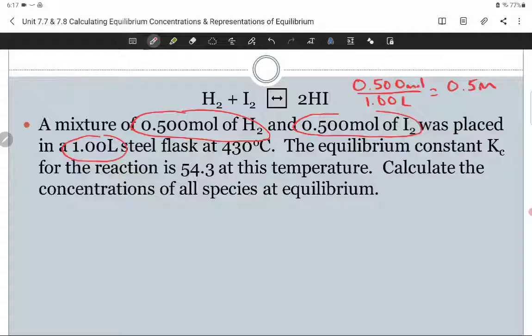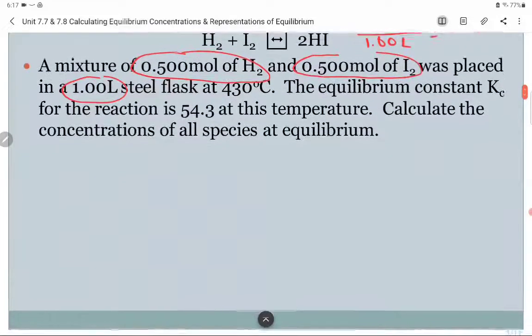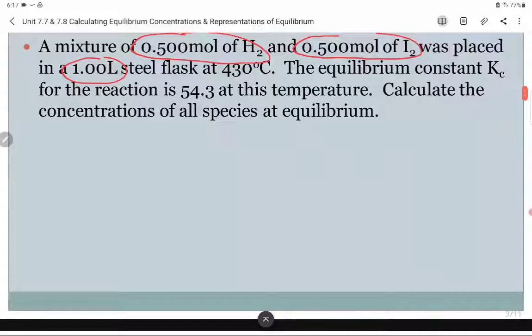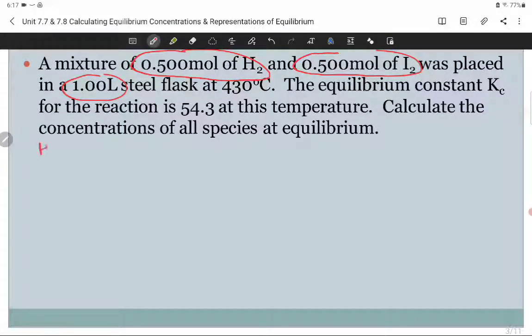Okay. Let's go and rewrite the equation again. Let me move this a little bit higher here so we have additional room. So we had H2 plus I2 going to 2HI.